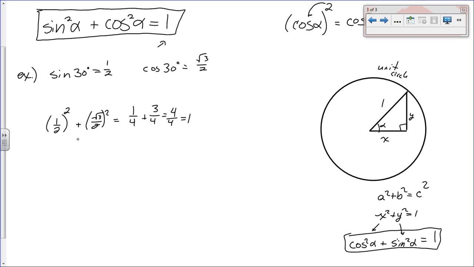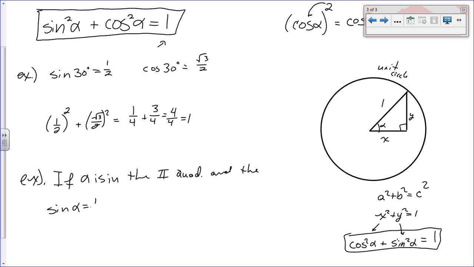And again, you may ask me the question, why do we have to know this? How is this going to be useful? Well, let's look at another example. If alpha is in the second quadrant and the sine of alpha equals 1/3, find the cosine of alpha.